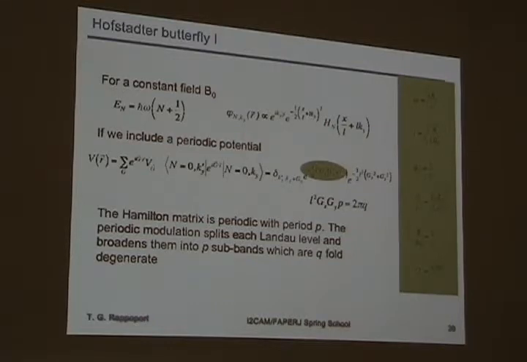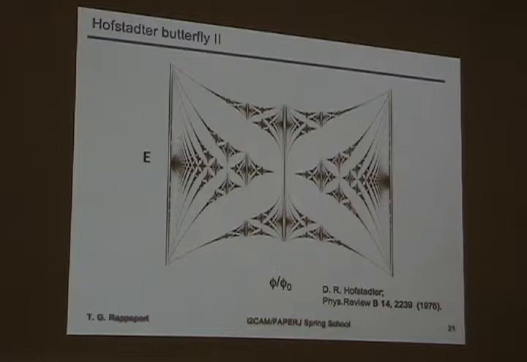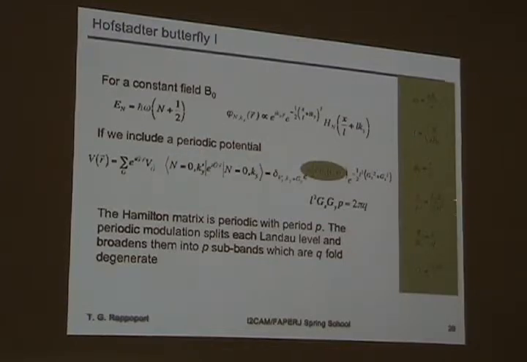This is the normal Hofstadter butterfly. This depends on the number. As P and Q are exactly the ratio between the flux and the quantum flux, it depends on the flux you have in your system.